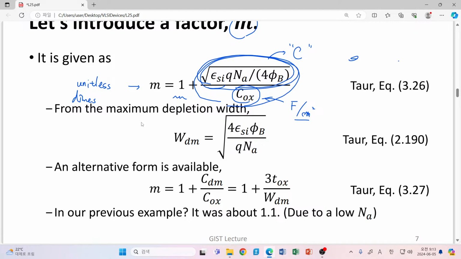So division between these two terms will give us just a unitless, dimensionless number, 1 or something.